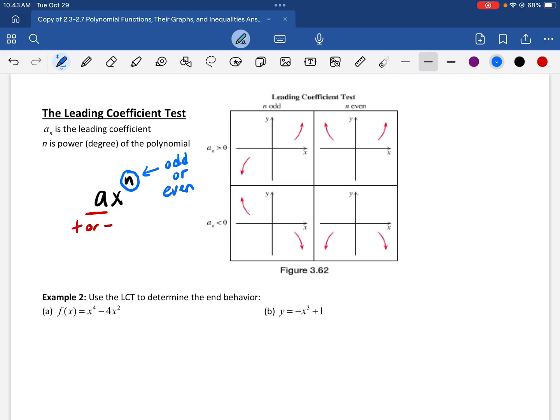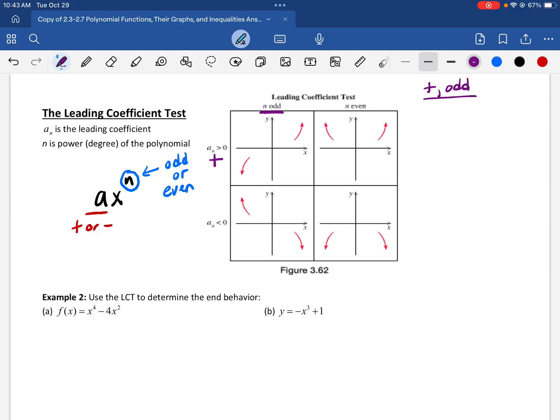So looking at the first scenario that you see here, it says a sub n is greater than zero, meaning it's positive. So if we have a positive number in front, and then we're looking at an odd degree, notice that you have the ends of your graph.